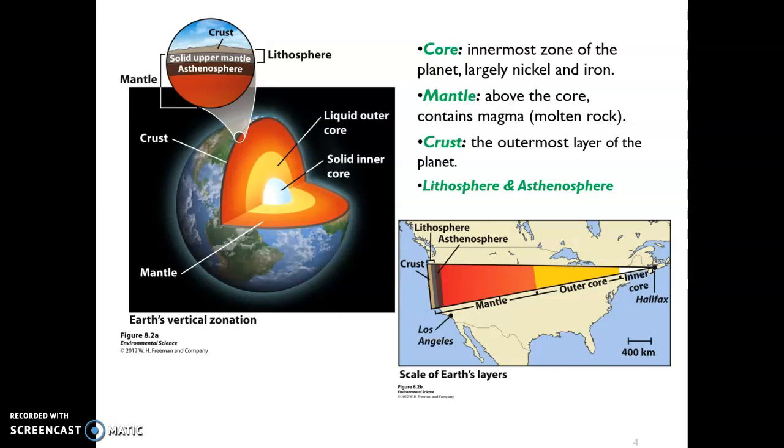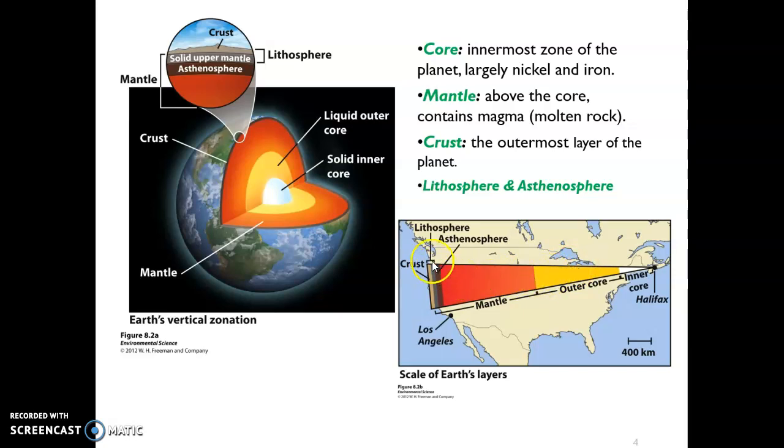Now, there's an overlapping term called lithosphere and another overlapping term called asthenosphere. And we'll look at those on the next slide. But just take your attention for a moment here to look at the scale or the size of the various Earth layers. So the inner core, very small, inner and outer together, fairly large, mantle, very significant.